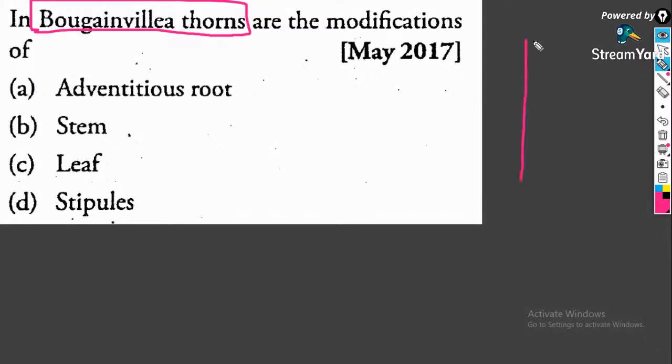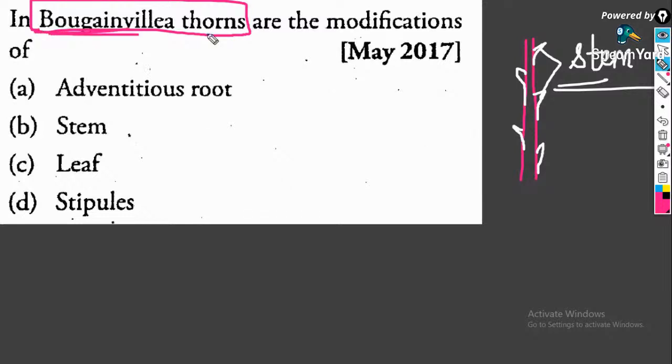You can see certain outgrowths or projections from the stem, right? So these are the modifications of stem. Understand, for each plant it will be different. The thorns of Bougainvillea are modifications of stem.